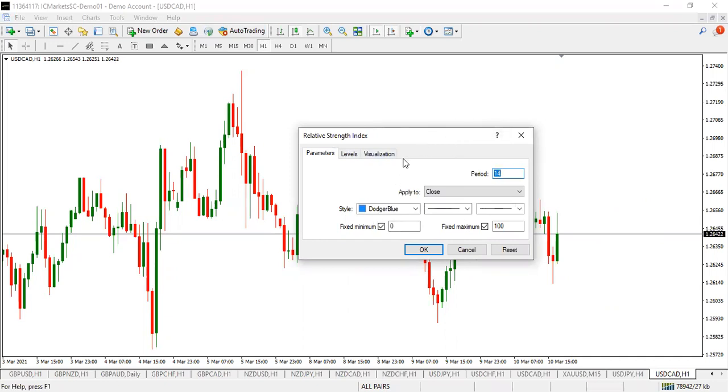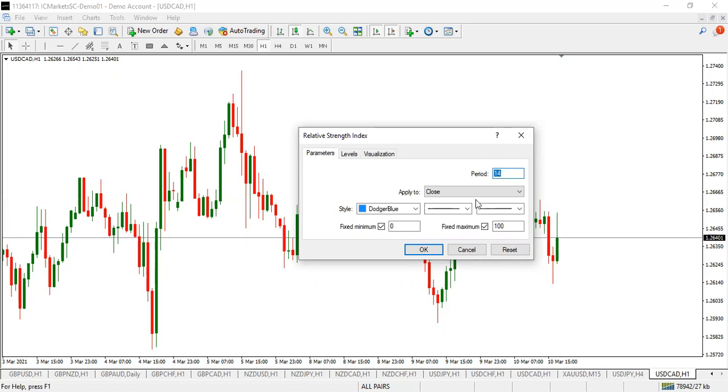All right, so under parameters we have period. This is where you enter a number, and the number you enter here will determine how RSI is going to calculate and how it's going to operate. It is your strategy that will determine the number you are going to put in here.